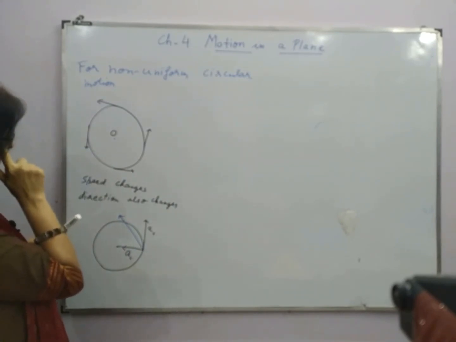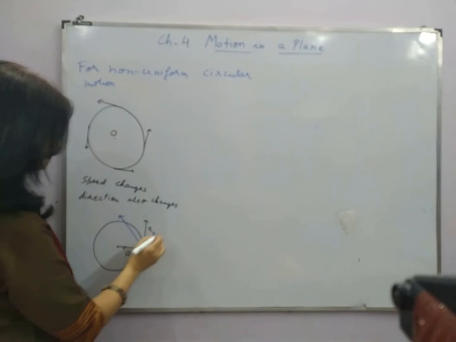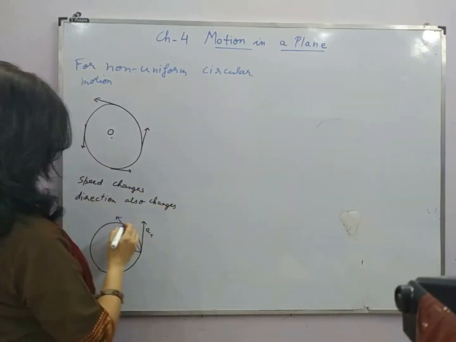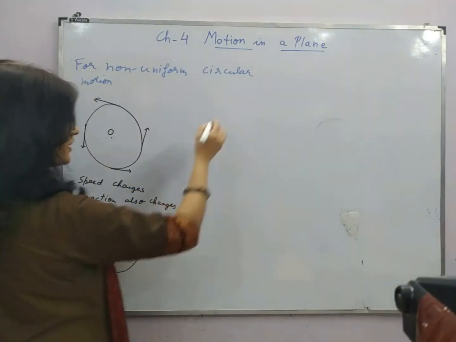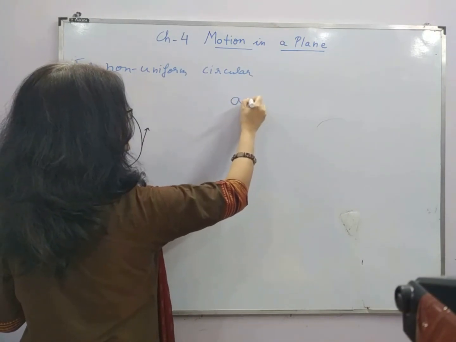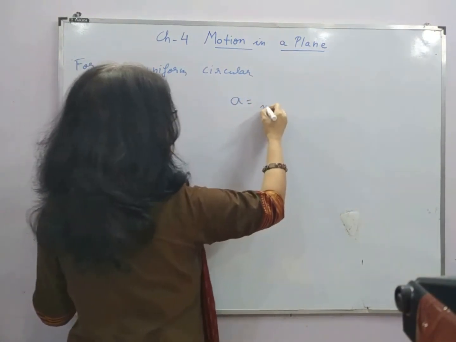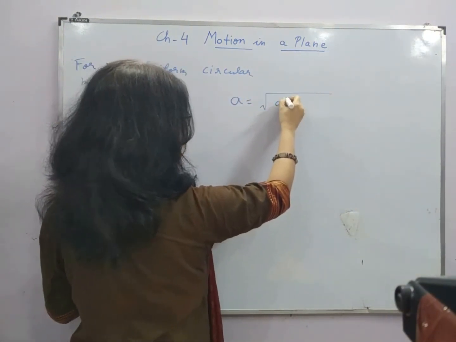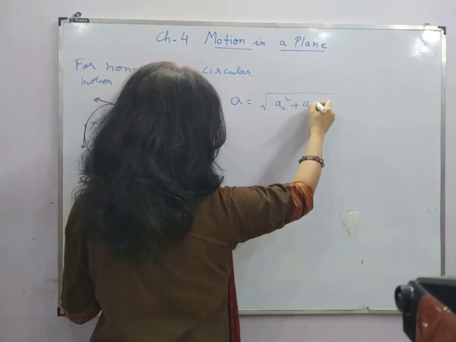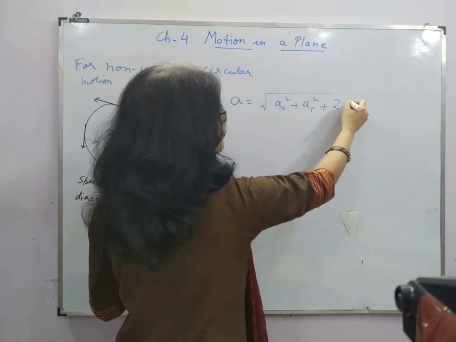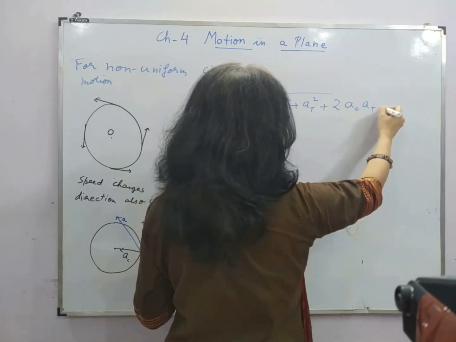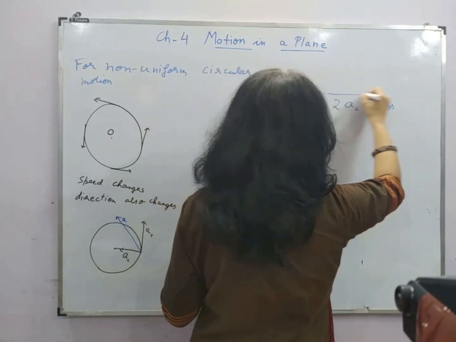So if we look at this angle, this can be called resultant acceleration. So this resultant acceleration will be under root of first acceleration square plus second acceleration square plus 2 into first acceleration, second acceleration cos of angle between these two.